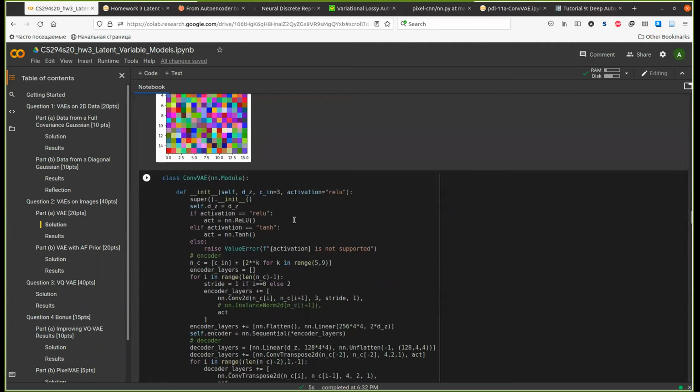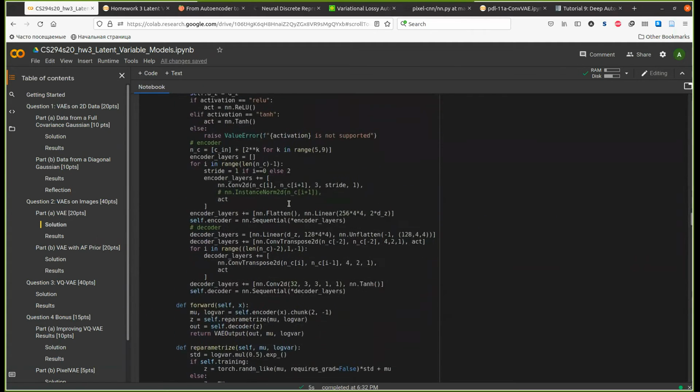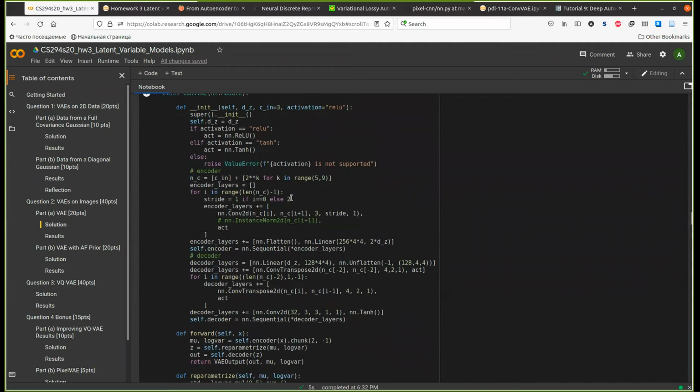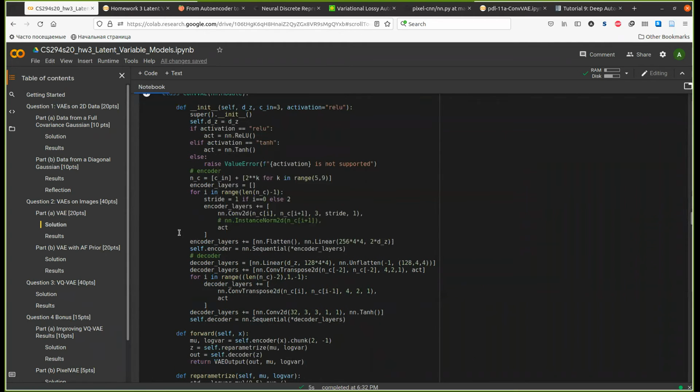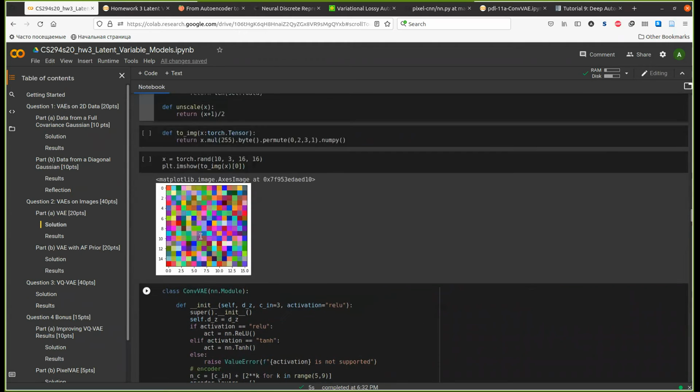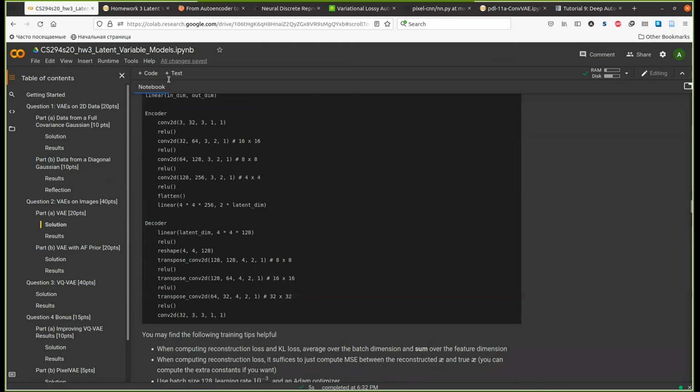The simple convolutional autoencoder is just the same as the regular autoencoder, but instead of using a multi-layer perceptron for the encoder and decoder, we are using the convnet as described here.